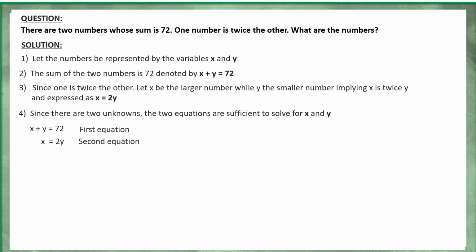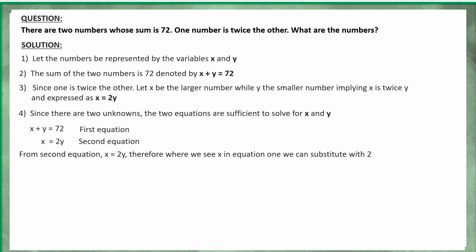So instead of x in the first equation, we can simply call it 2y. That's what we're going to be doing. We will be substituting so that we can solve the equation. From the second equation, x is equal to 2y, and we can see x in equation 1, so we can substitute it with 2y.